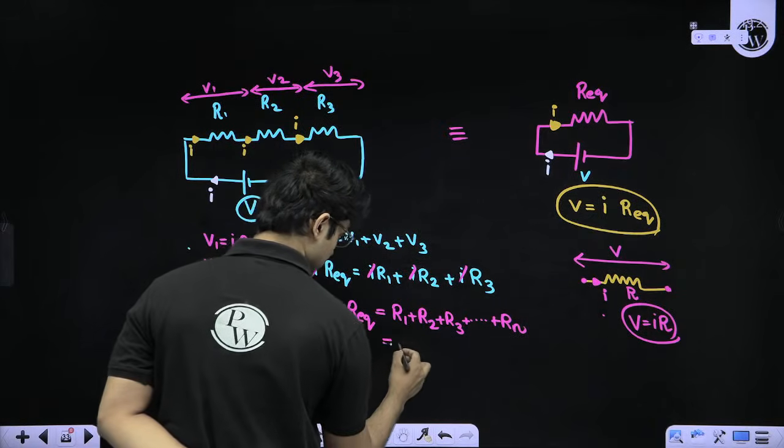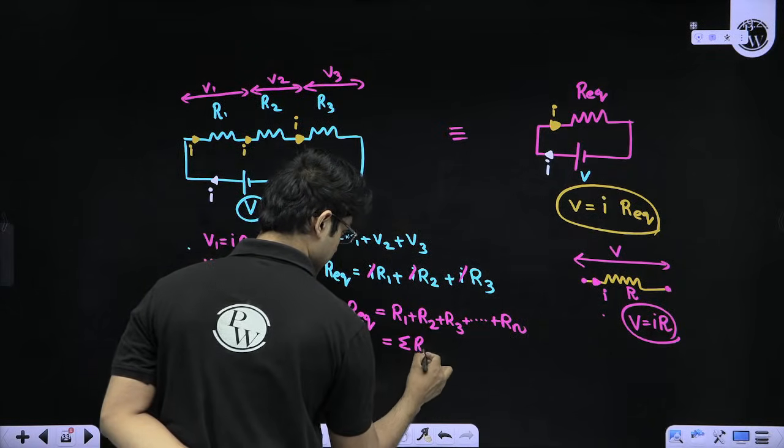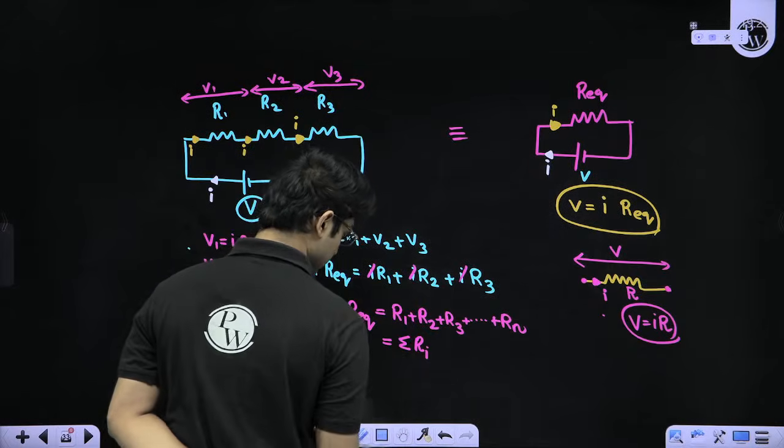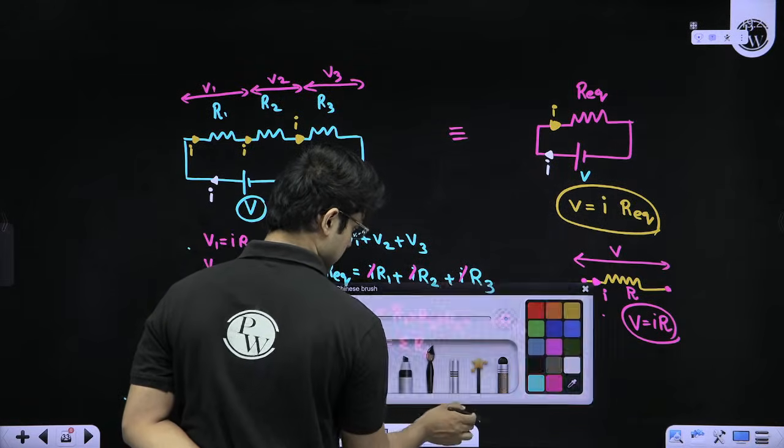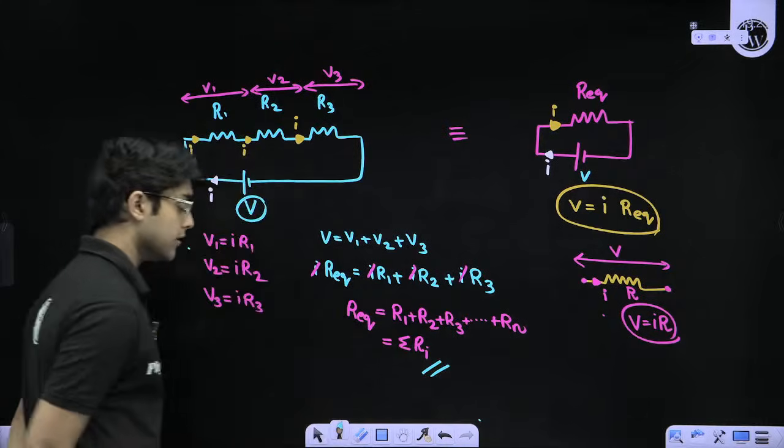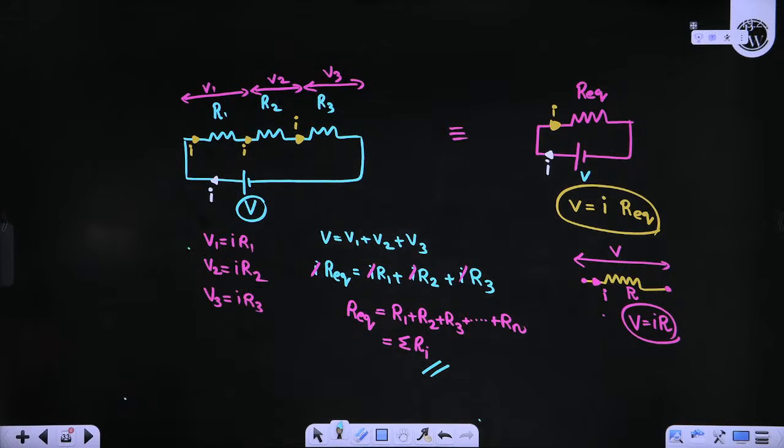So you can also write this as sigma Ri. Just add up all the resistors and you will get the equivalent resistance.